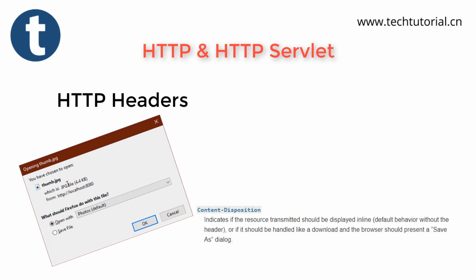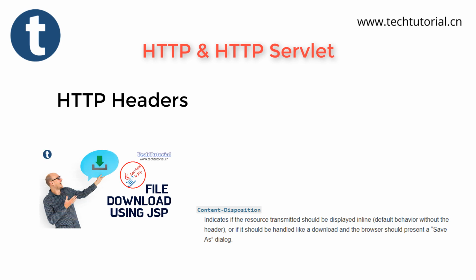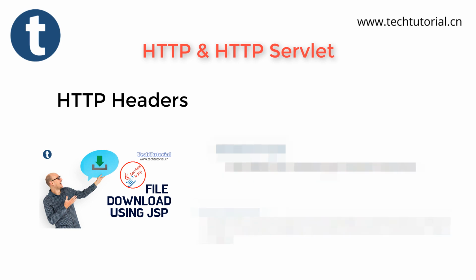I also have a video about file download and the proper use of Content-Disposition. You can check the JSP and Servlet playlist. There is one video on file download, and I will also give the link in the description below. Another header is Content-Type. That means it's a MIME type.